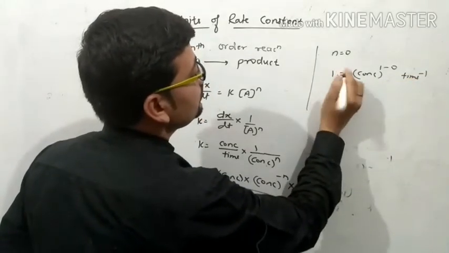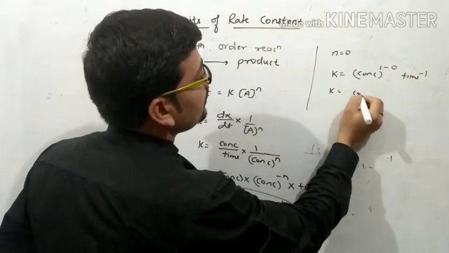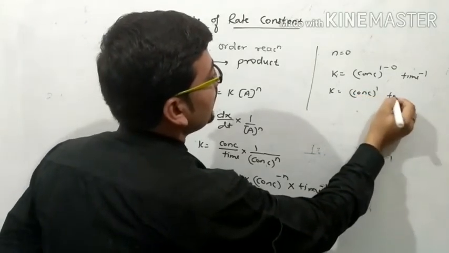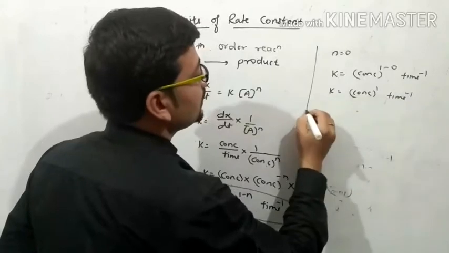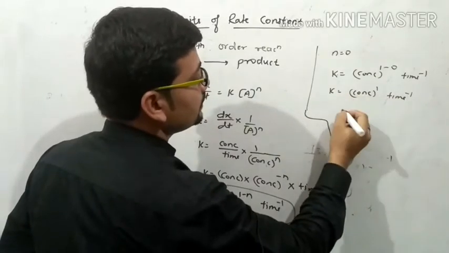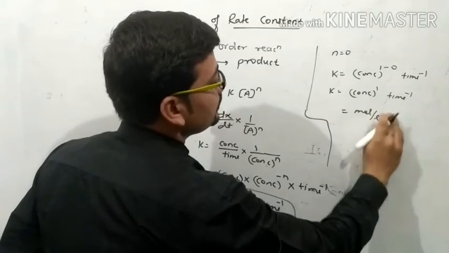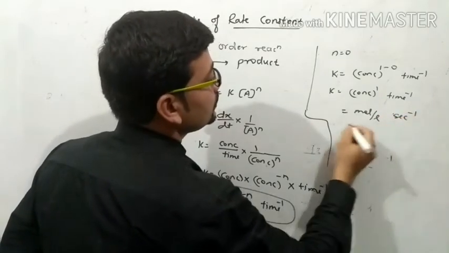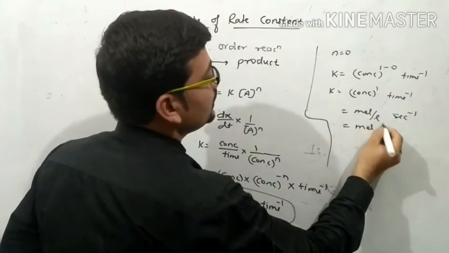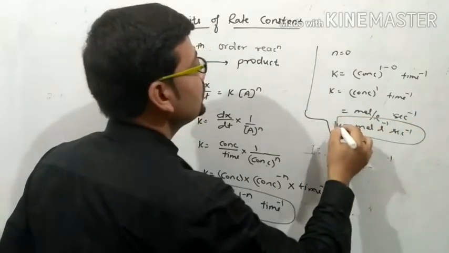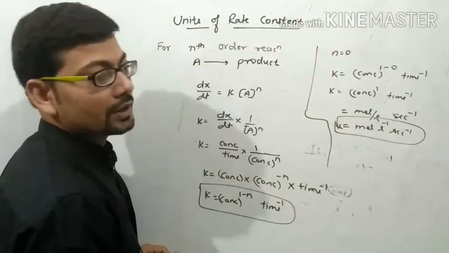So k is equal to concentration power 1 time inverse. I know you know that concentration is mole per liter and time is taken in second. So mole liter inverse second inverse. So this is the unit of rate constant for the zero order reaction.